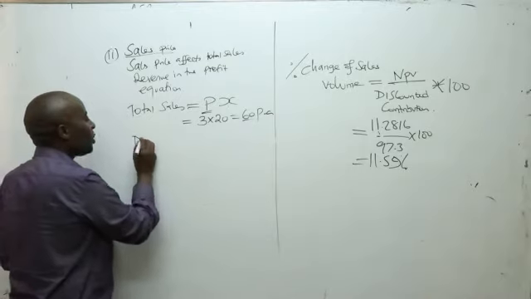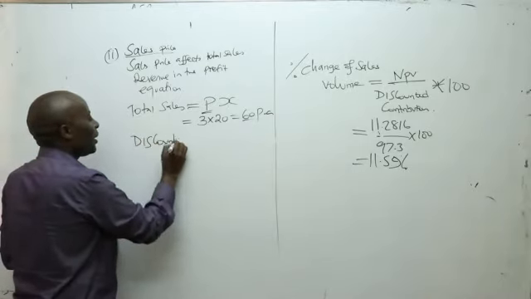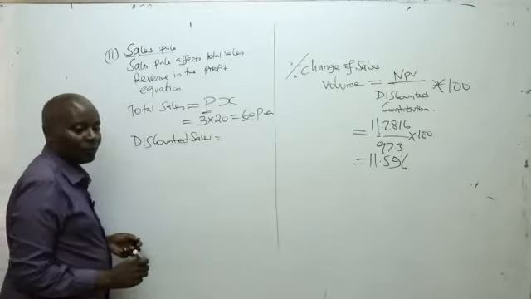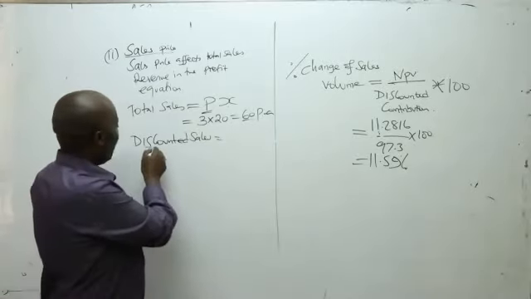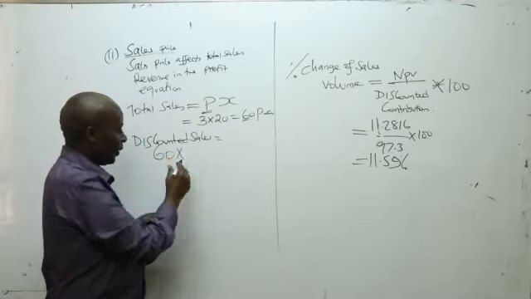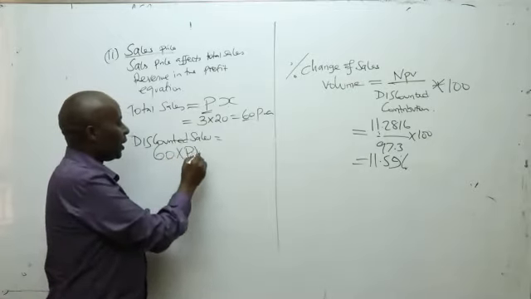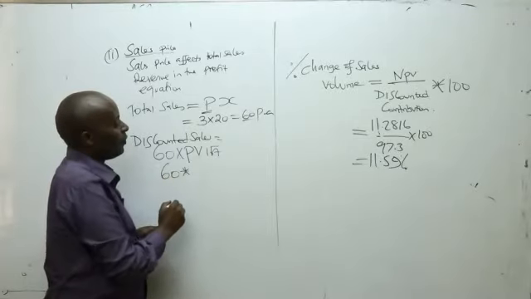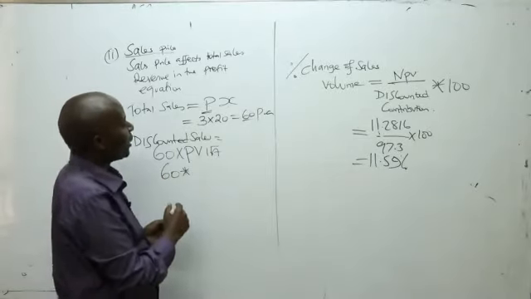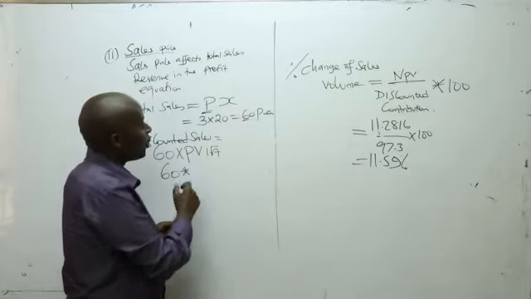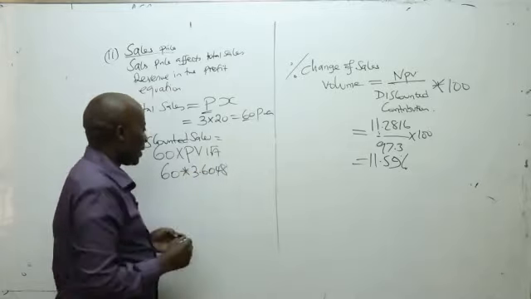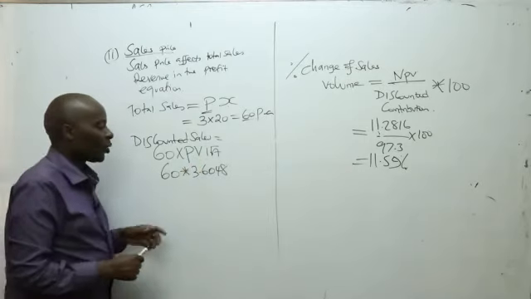So discounted sales will be 60 times PV, which is 3 point something, 3.6048. So give us this figure, discounted sales, 60 times this.